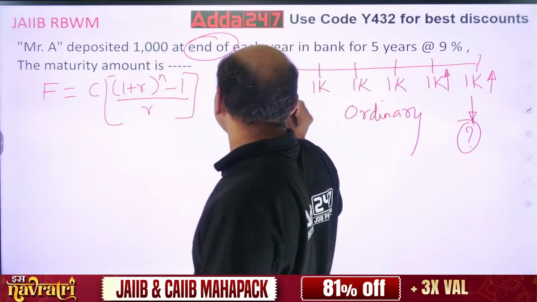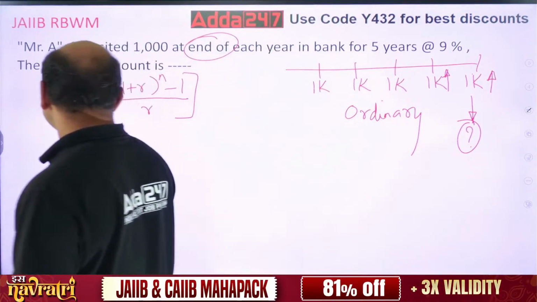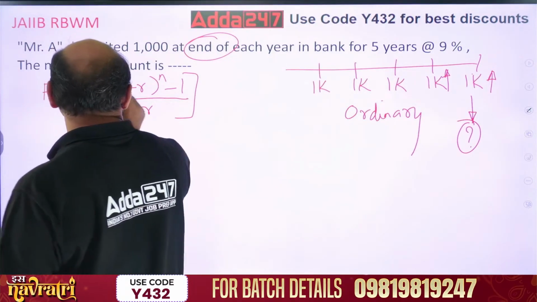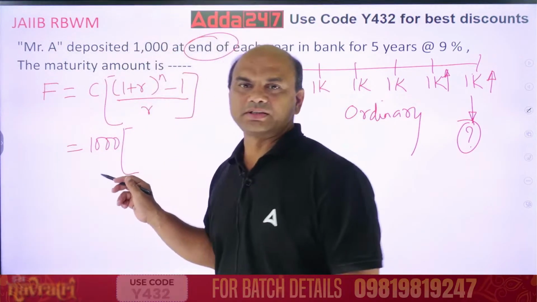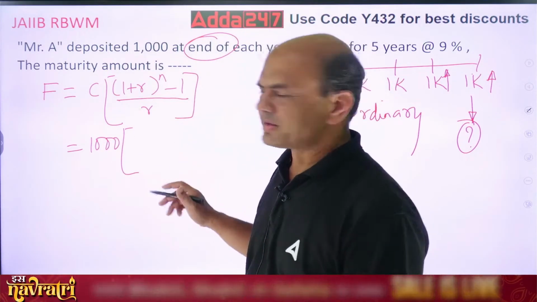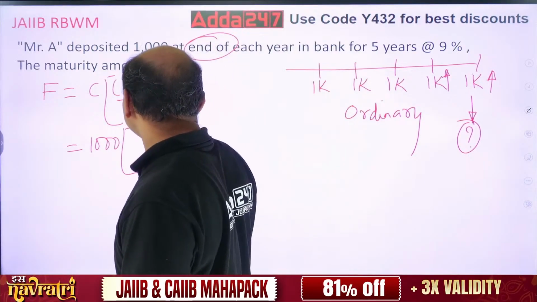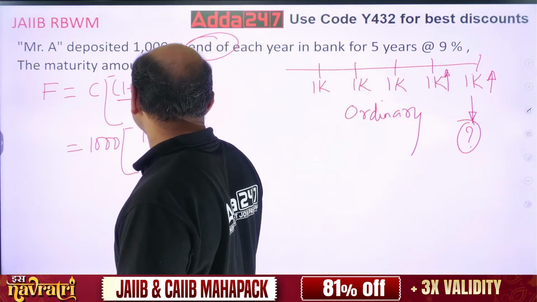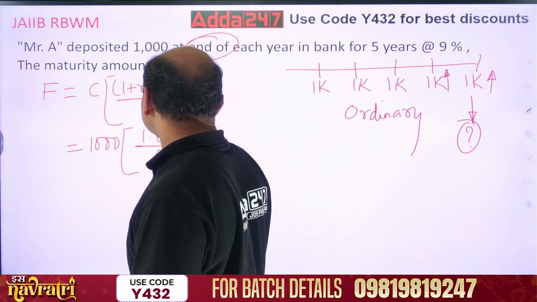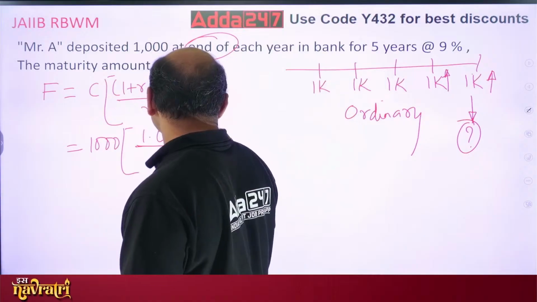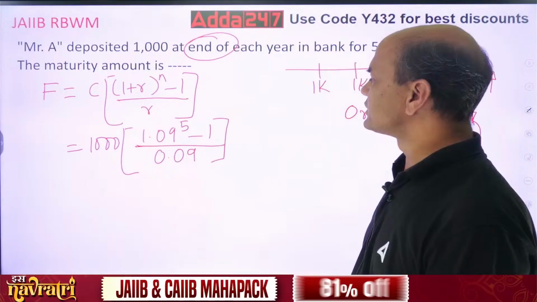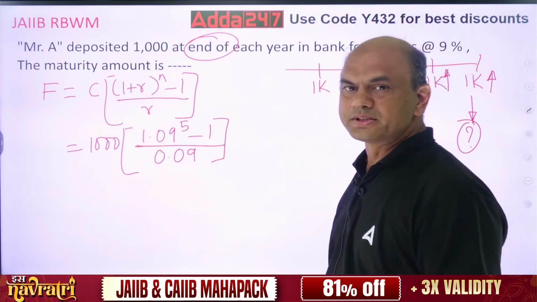That is equal to 1,000 into, now I'll write it directly because we are getting the same figure as the earlier problem. So (1.09 raised to 5 minus 1) the whole upon R. R is 9%, 0.09. So 1000 into (1.09 raised to 5 minus 1) the whole upon 0.09.